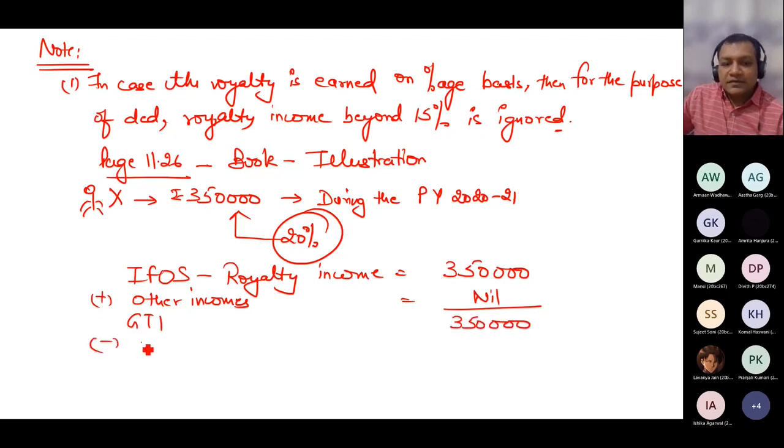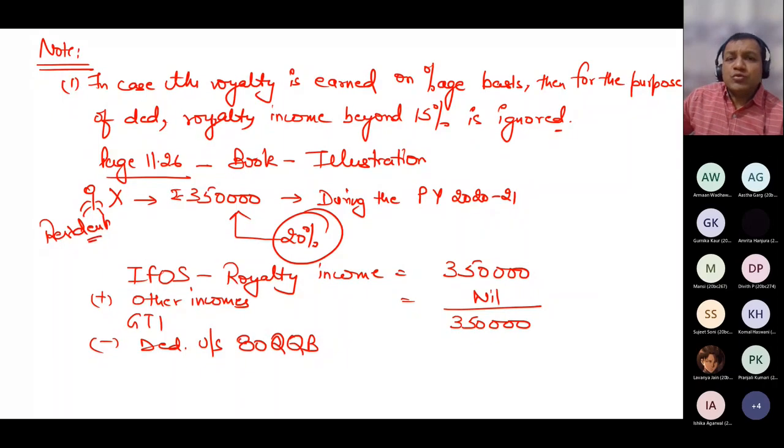Less: deduction under section 80QQB. Let me assume that this person is a resident individual earning royalty. So what will be 80QQB? I told you, the royalty income or 3 lakh, whichever is less.